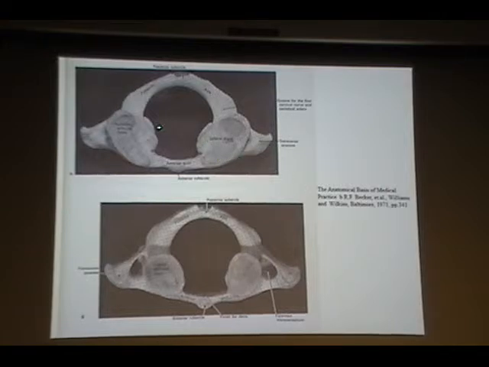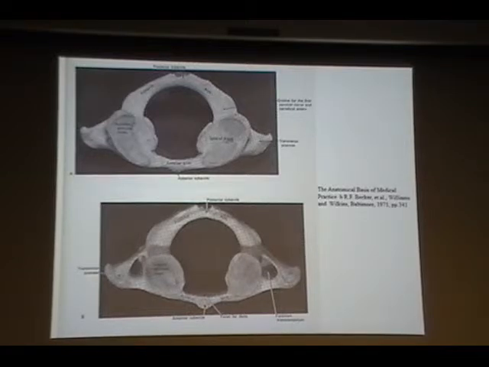Once again, you would expect in a vertebrae to see a body right here in the anterior area, but we don't have a body because this is given up during embryonic development to be the odontoid process of the second cervical vertebrae, okay? So sometimes what happens during development is that the odontoid process doesn't form, and these two vertebrae, 1 and 2, remain fused together at their bodies, okay?